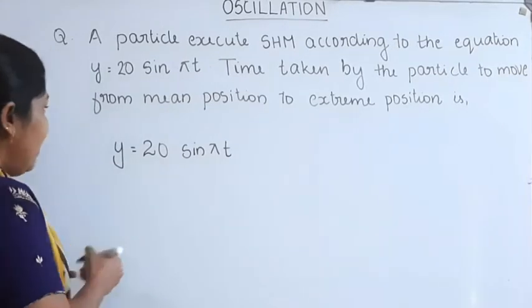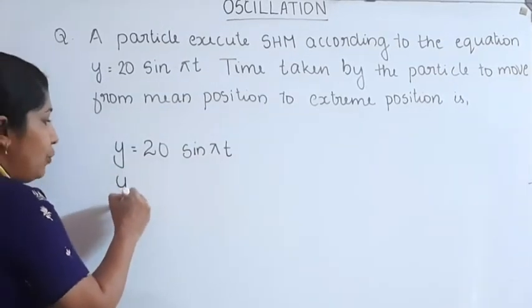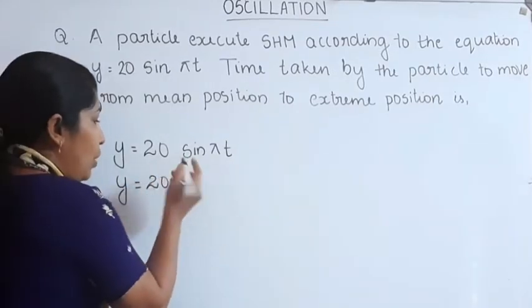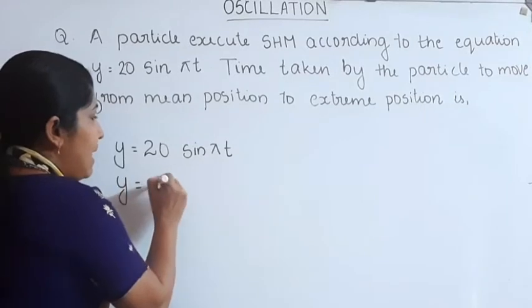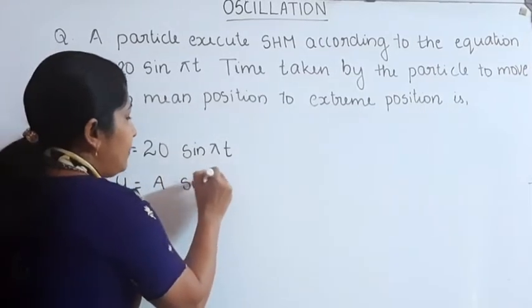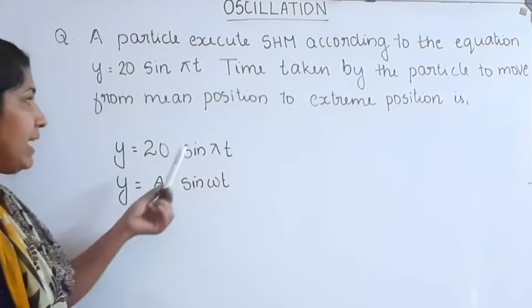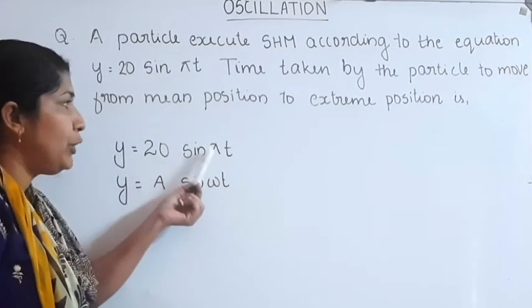So we can write the general equation for the displacement: A sine omega t. On comparing these two equations, we can write omega is equal to pi.